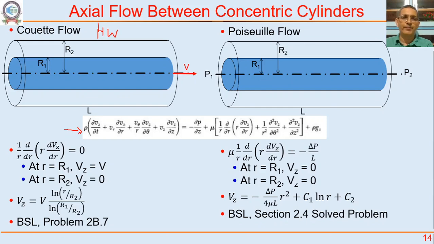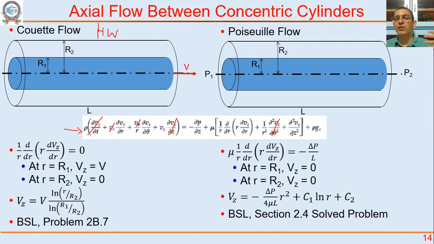Let's simplify. Steady state. Flow is only in the z direction. There is no Vr, there is no V theta. From continuity, del Vz by del z is 0. I am just telling you very quickly, but make sure you understand why we are cancelling every term. Vz does not vary with theta. Flow is symmetric. Vz does not vary with z.